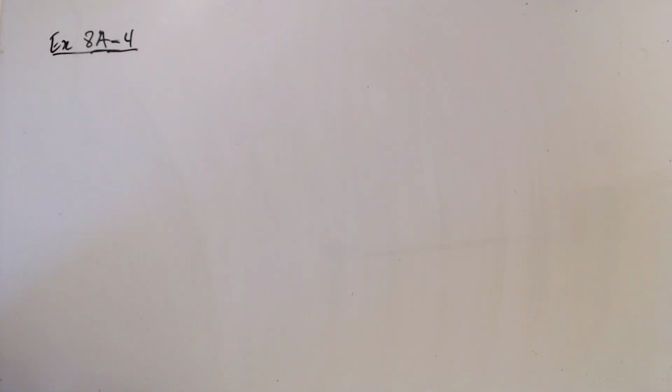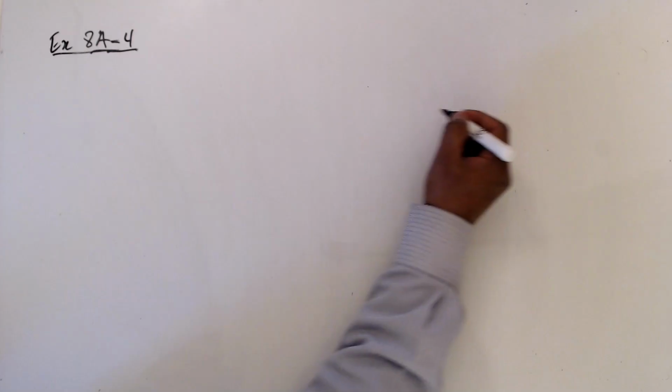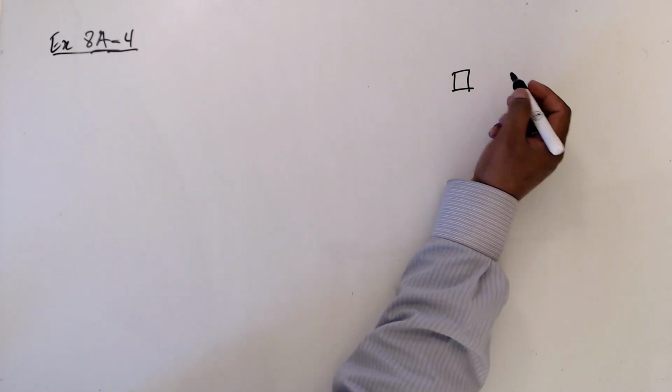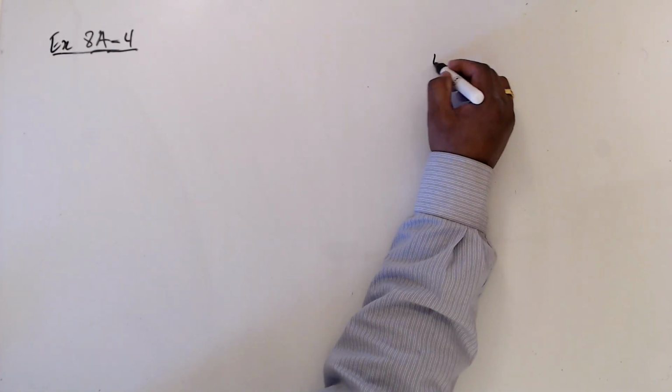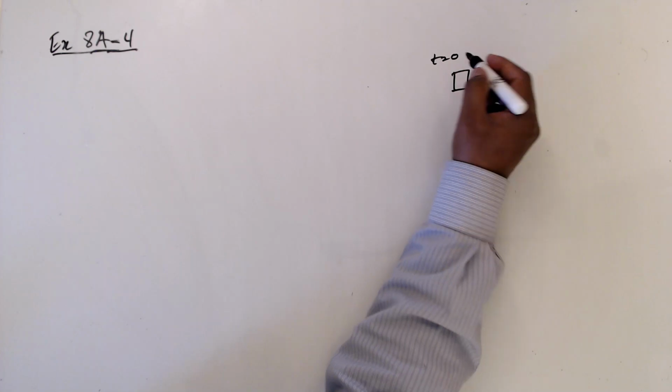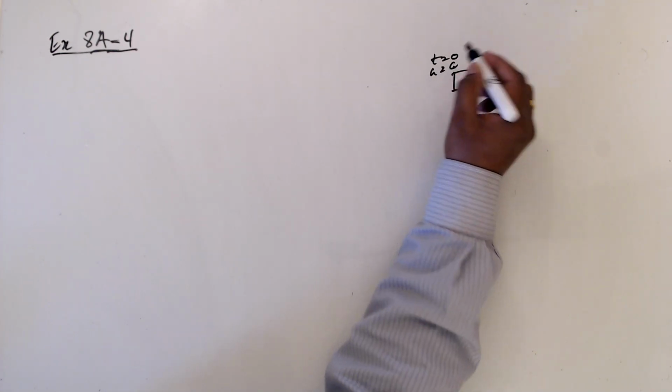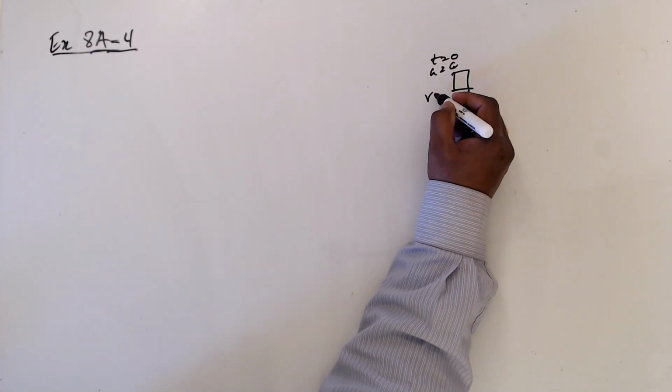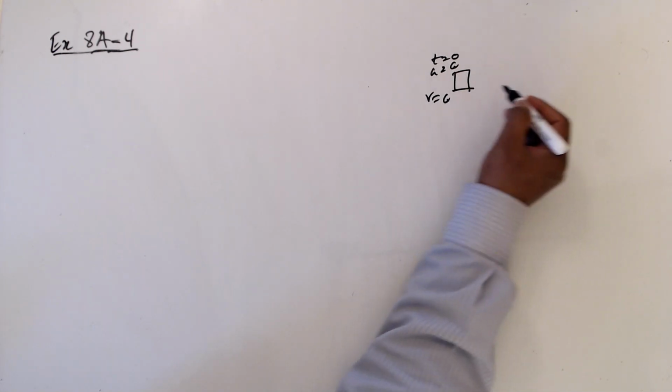Question number 4. A car accelerates from rest to 60 miles per hour in 10 seconds. So when t equals 0, the velocity v equals 0.